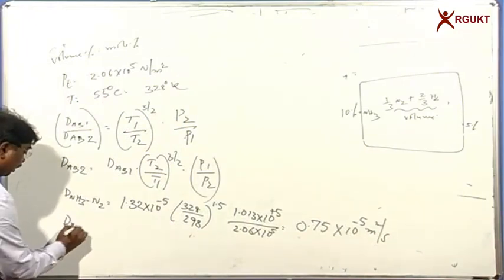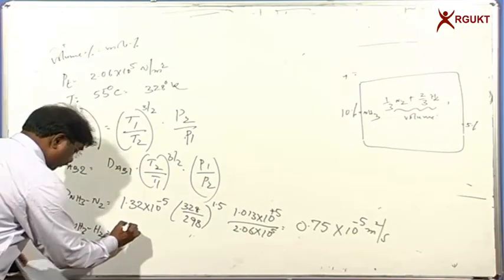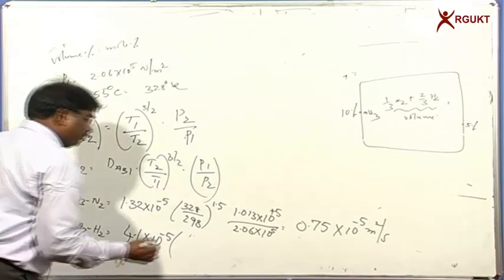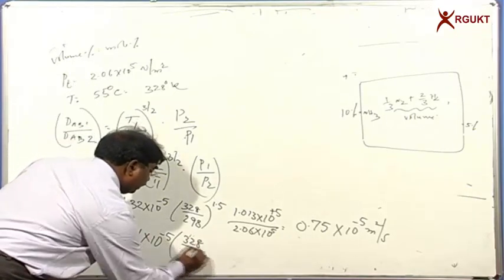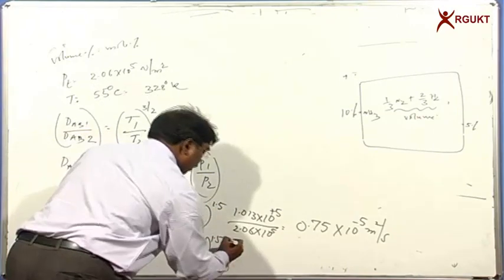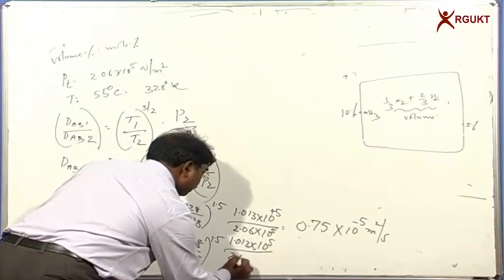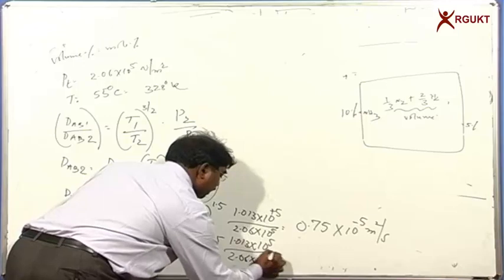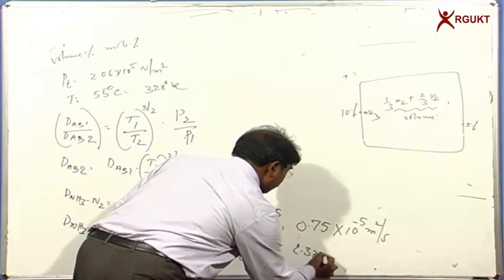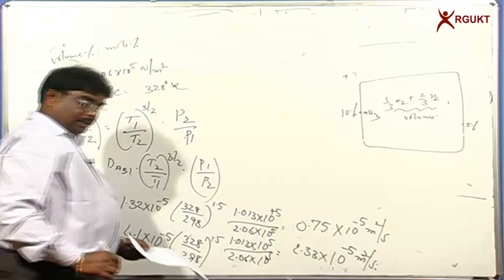Now D of ammonia in hydrogen is equal to 4.1 into 10 power minus 5, 328 by 298, 1.5, 1.013 into 10 power 5 divided by 2.06 into 10 power 5, that is equal to 2.33 into 10 power minus 5 meter square per second.